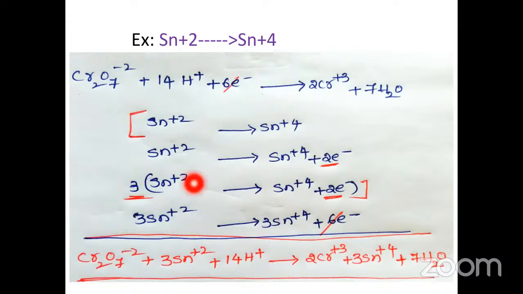We get 3Sn2+ giving 3Sn4+ and 6 electrons. Now add the two half reactions. The overall reaction is Cr2O7 2- plus 3Sn2+ plus 14H+ ions giving 2Cr+3 plus 3Sn4+ and 7 water molecules.